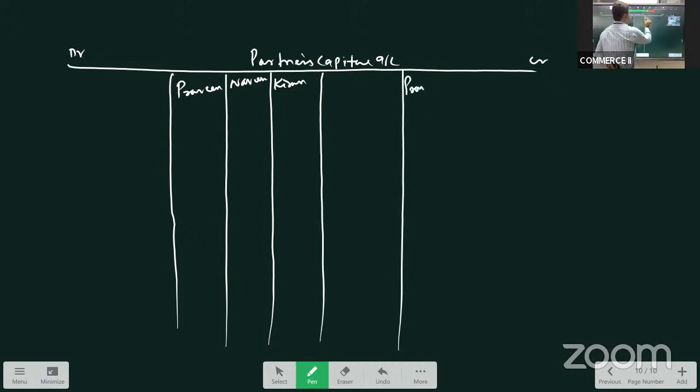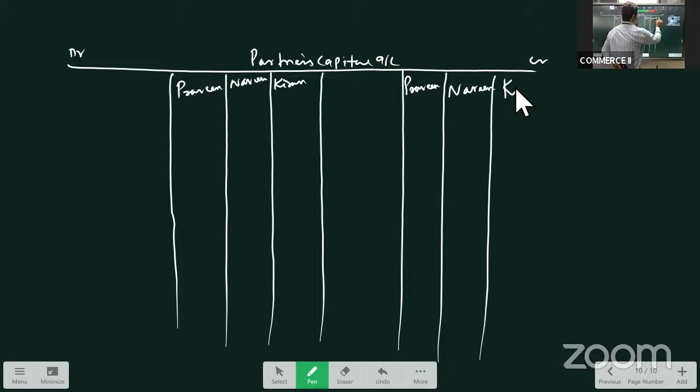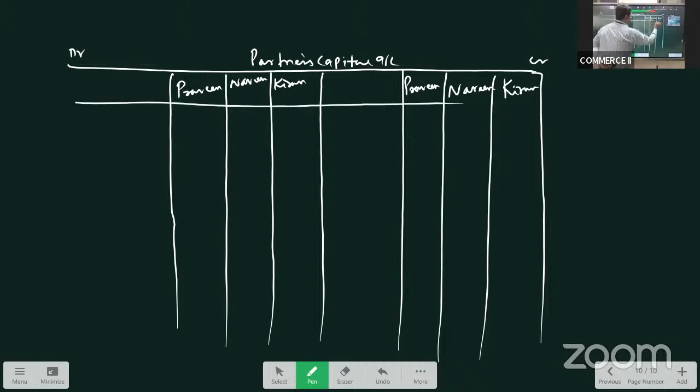Praveen, Naveen, and Kiran. Okay. This is the particulars column, of course.